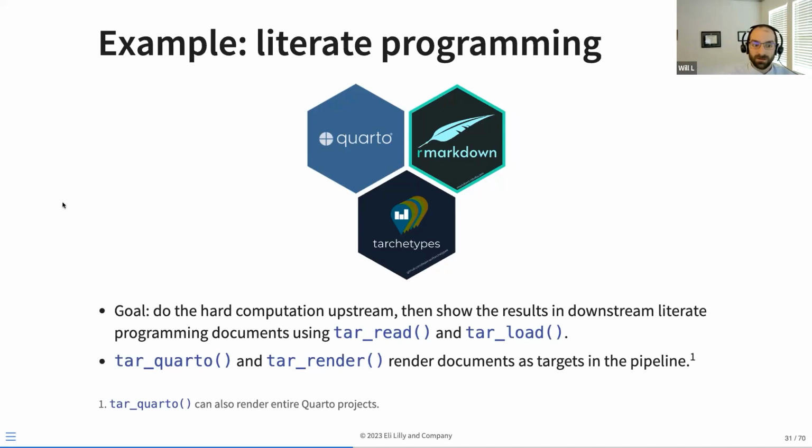One of the patterns that it supports is if you want to summarize and narrate and talk about your results from the pipeline in a Quarto or R Markdown report, the tar_quarto and tar_render target factories let you do this very easily.